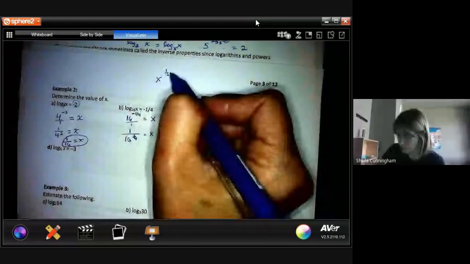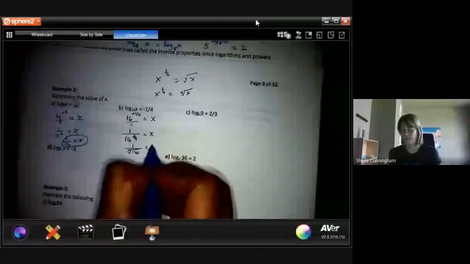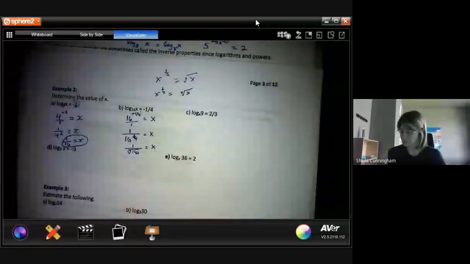So if I have a base to a quarter, I'm looking for the 4th root of whatever that base is. So in this instance, this is the 4th root of 16 equals x. Now I have to figure out what the 4th root of 16 equals.